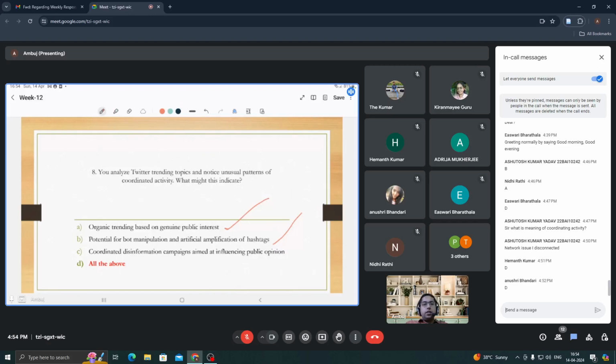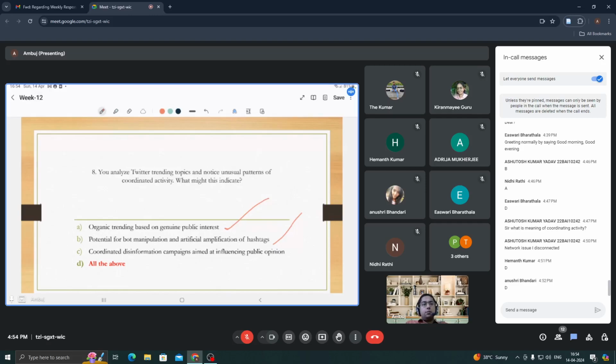So option B would be correct. And artificial amplification of hashtags: a particular hashtag would be retweeted by a lot of bots. Then bot after bot will try to push that information into the system traffic. Then definitely it would be an artificial amplification of a topic.